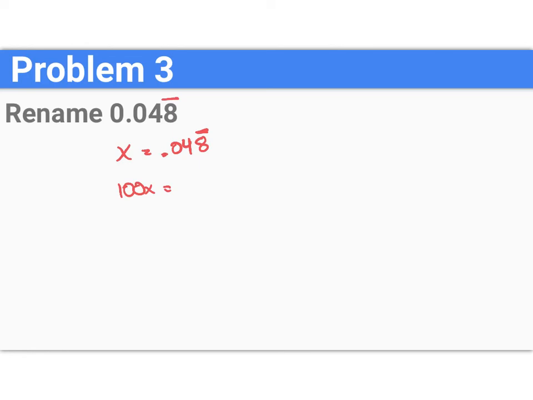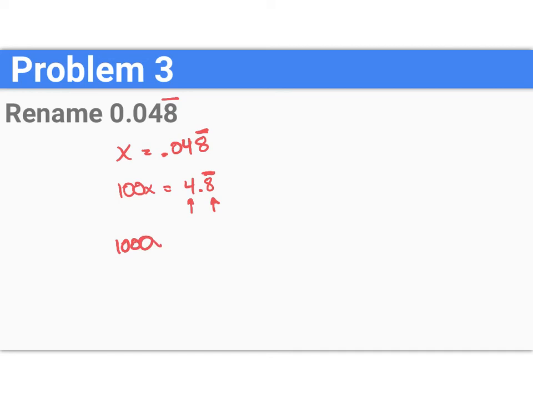Move the decimal point twice, you get 4.8 repeating, because we separate the part that repeats and the part that does not. The 4 does not, and the 8 does. We separated them by a decimal.